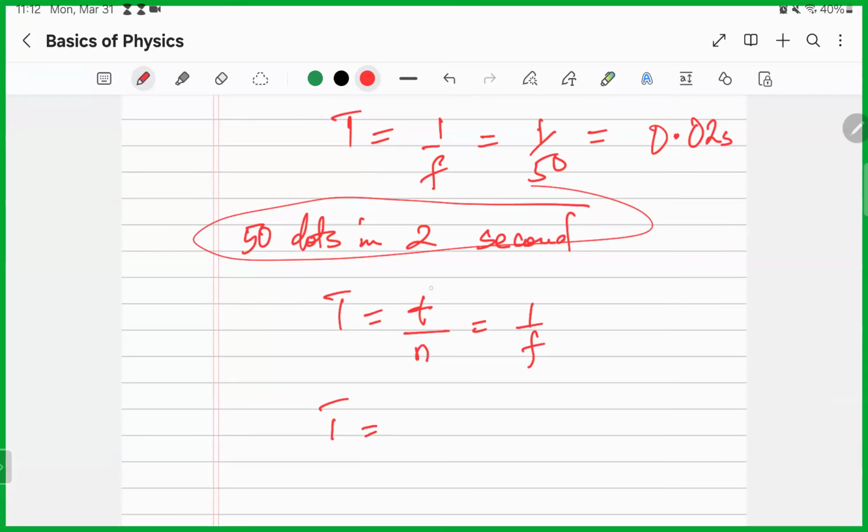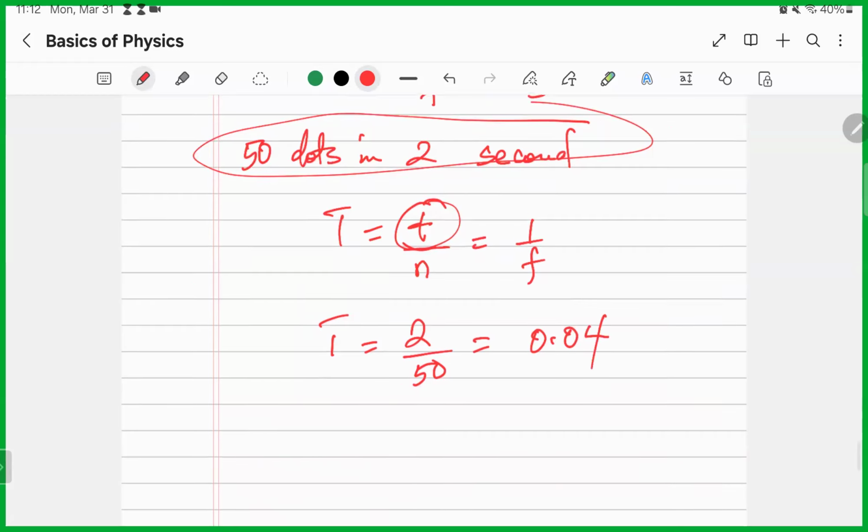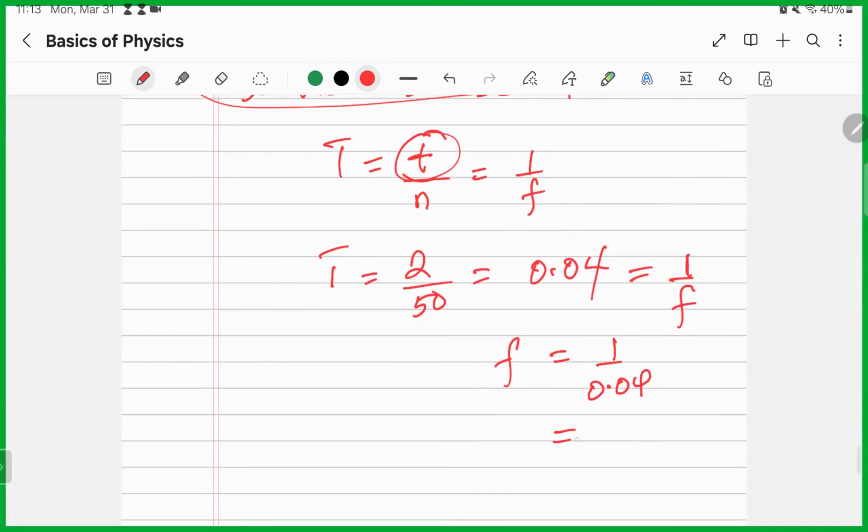We are given this 2 seconds, the number of dots, 50. That's going to give us 0.04 seconds. And so if this is equal to the period, it means frequency is now 1 over 0.04, which is simply 50 over 2, which is 25 hertz.